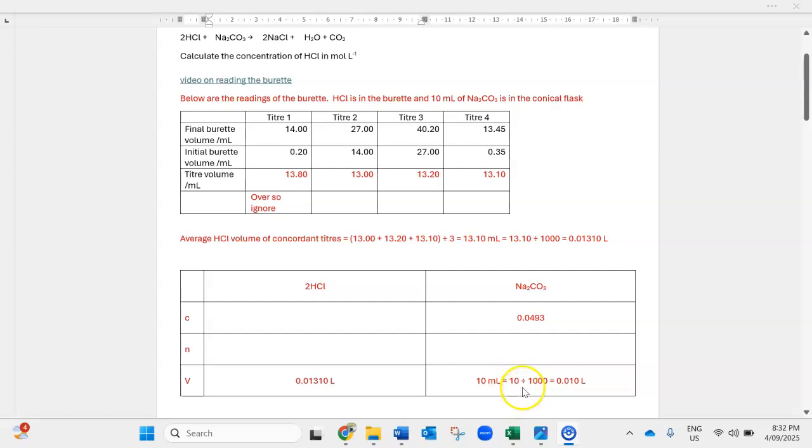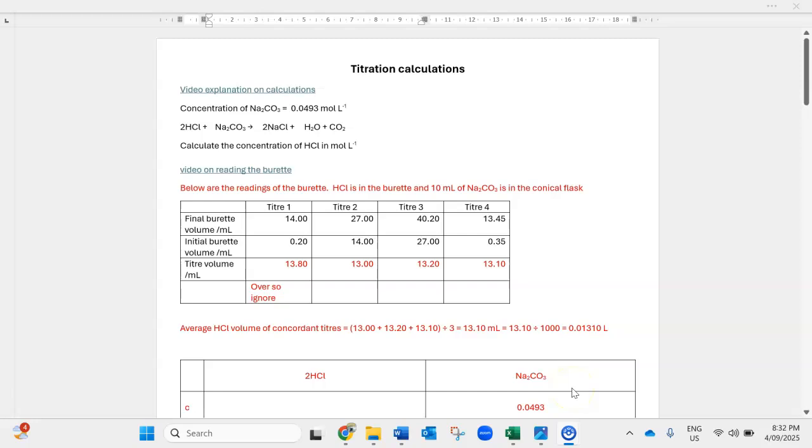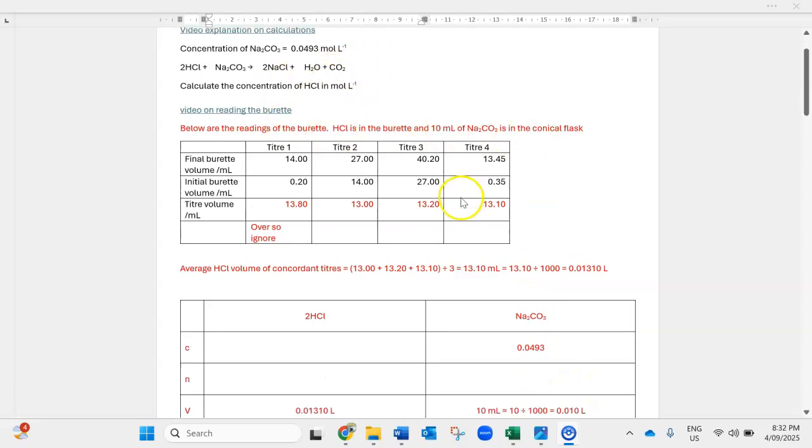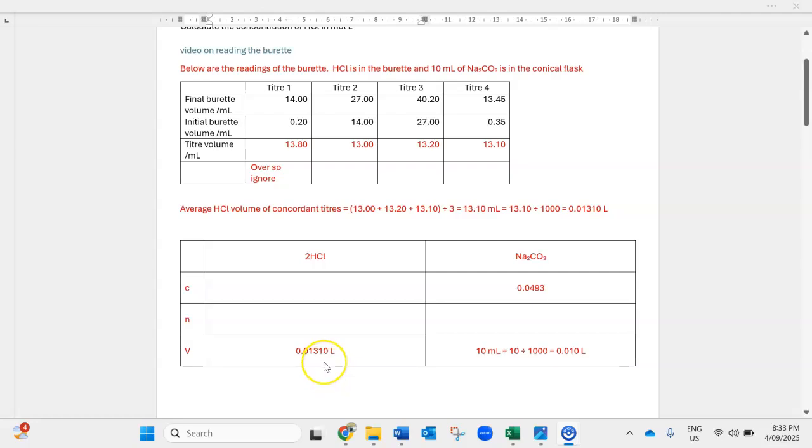The volume of sodium carbonate is 0.01 liters, because that's what we were told there. And the volume of hydrochloric acid is 0.01310 liters, because that's what we calculated there. So that just writes down what we know.